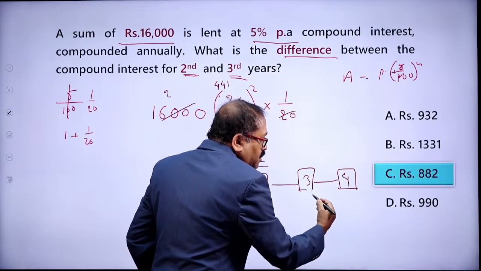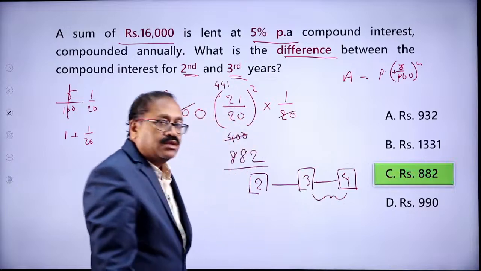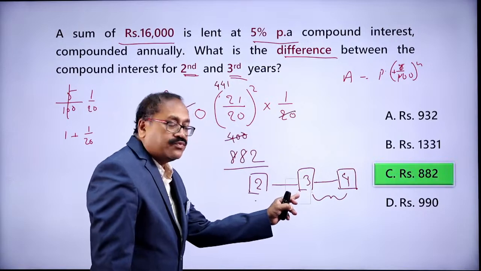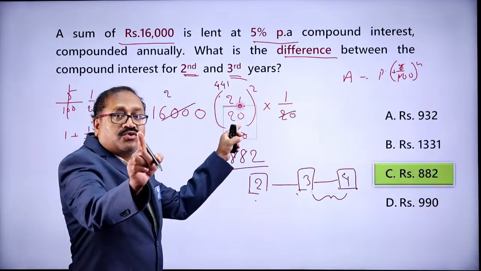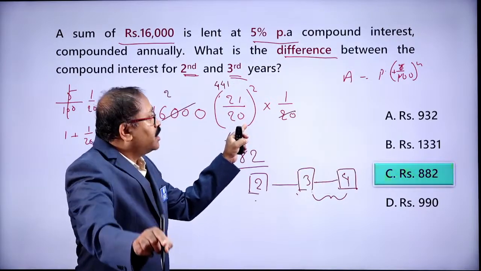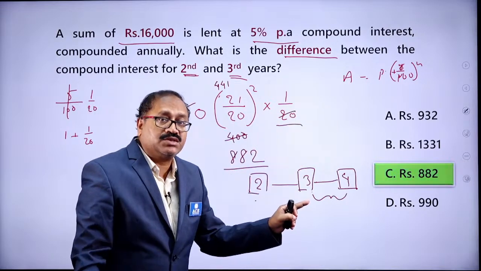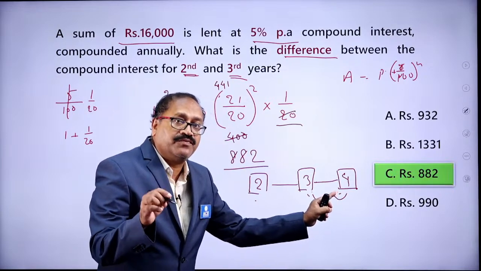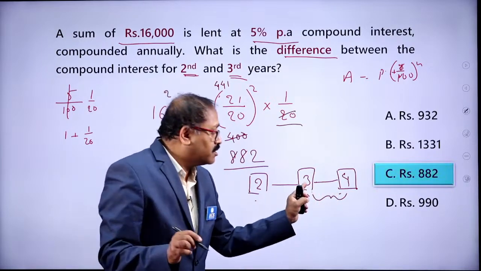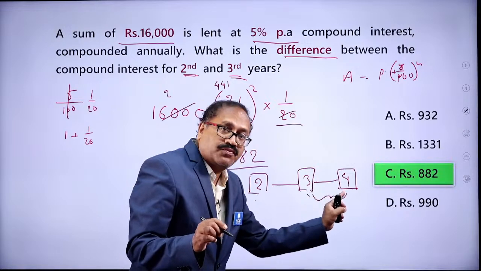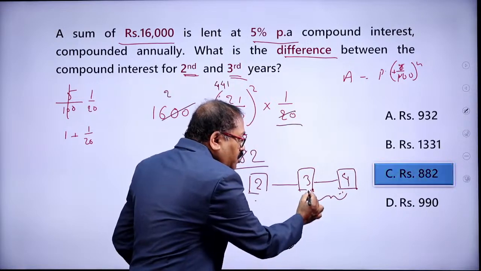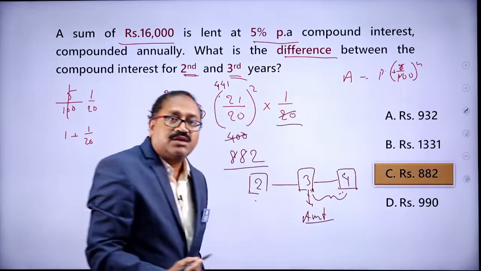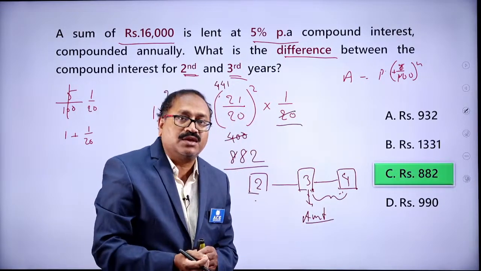For 2 years to 3 years, we took the 2 years amount and calculated the interest on that. So from 3 years to 4 years, I will take the amount for 3 years and calculate the interest on that. That will be the difference between 3 years and 4 years.